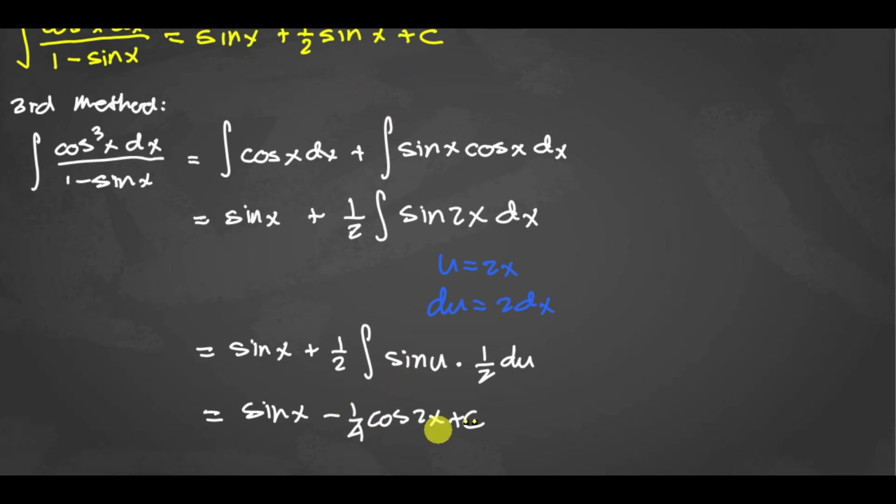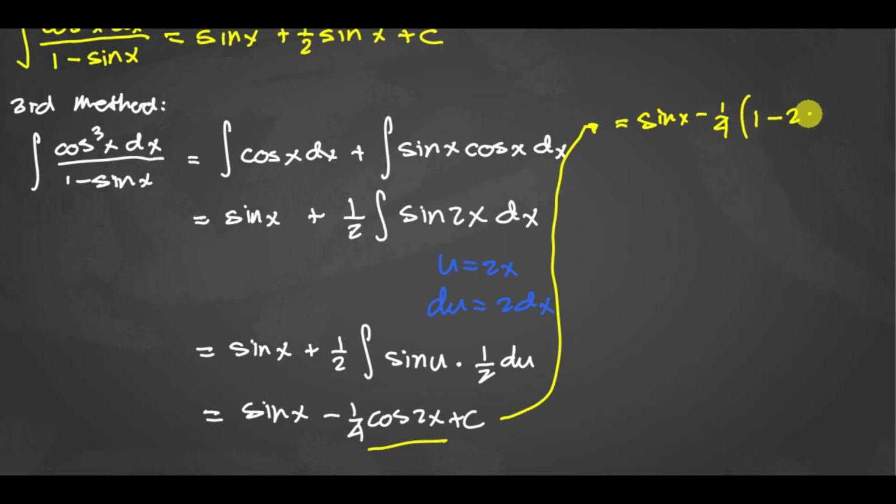Now, we could prove that if we expand the second term. This is also equal to sin x minus 1/4, we already know that cos 2x is also equivalent to 1 - 2 sin²x, plus c.